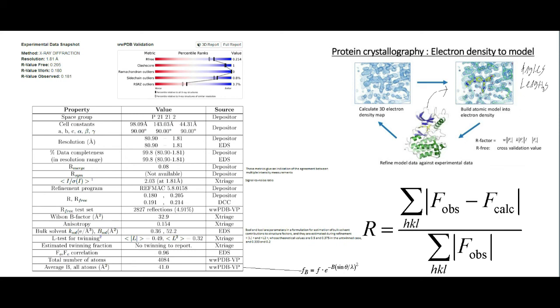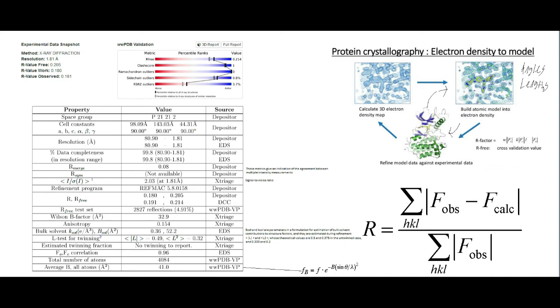So you want to fit it in here as well as you can while not having your angles and lengths and everything outside of the allowed values. And then from there you do your alignment against the experimental data.